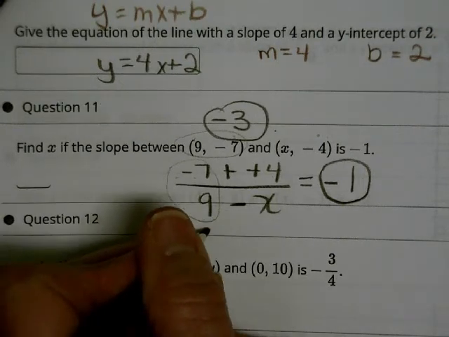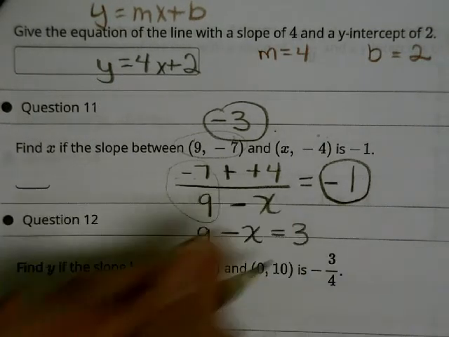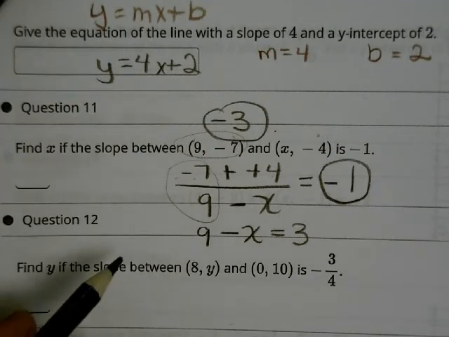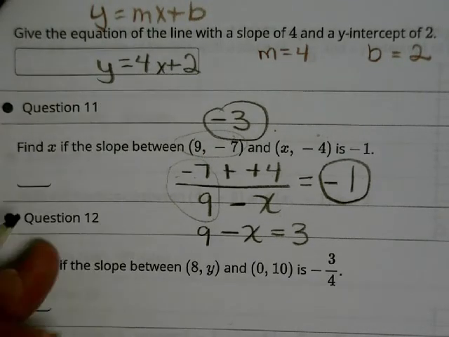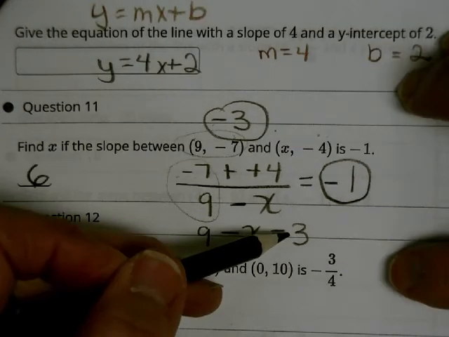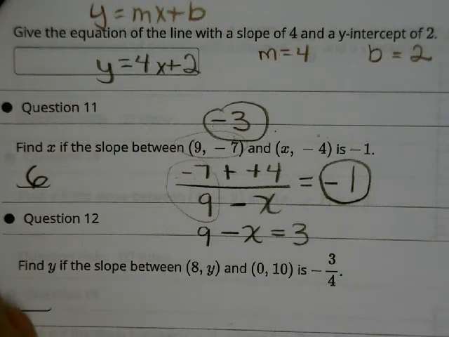So I have to solve this problem. What makes 9 minus what equal 3? 6, exactly. Okay, this -3 divided by 3 is a -1. Okay?